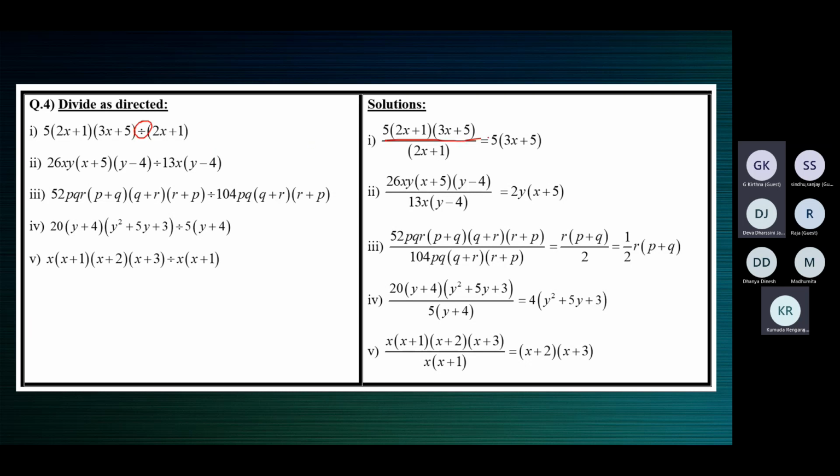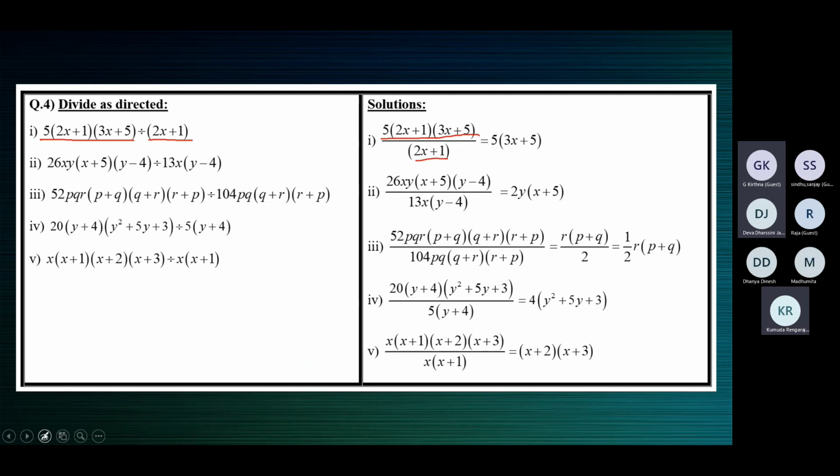So before the division sign is the numerator, after the division sign is the denominator. That's what we always write. Before the division symbol, numerator divided by, after the division symbol, denominator.